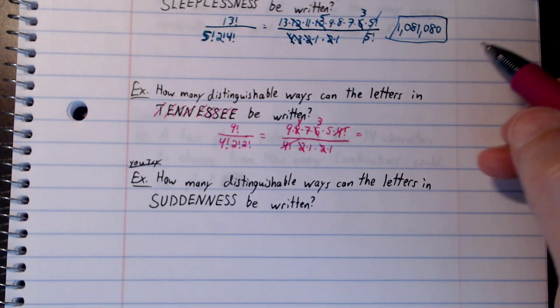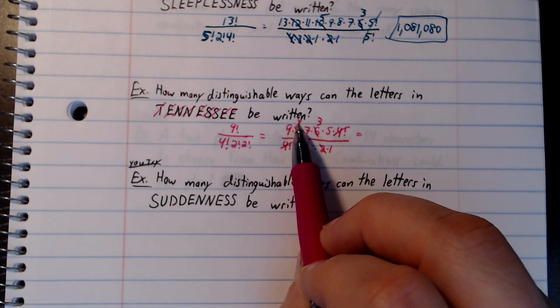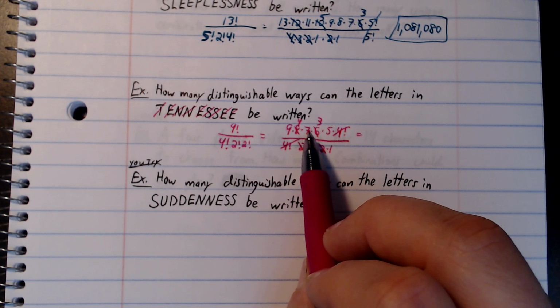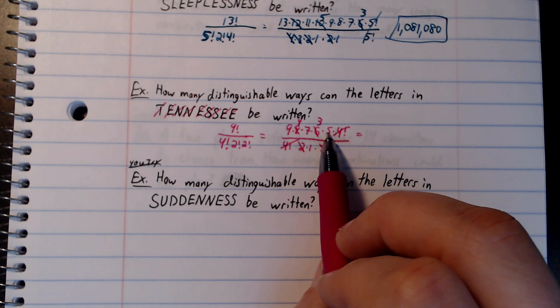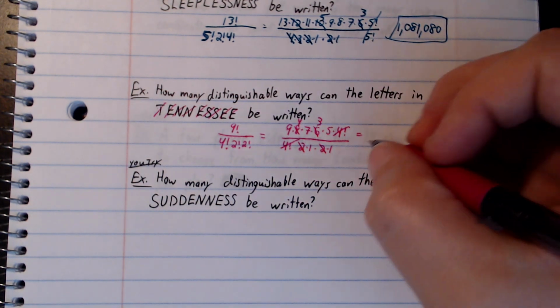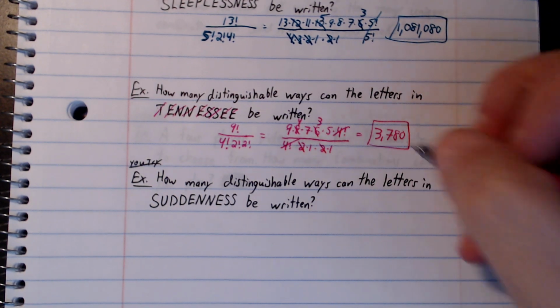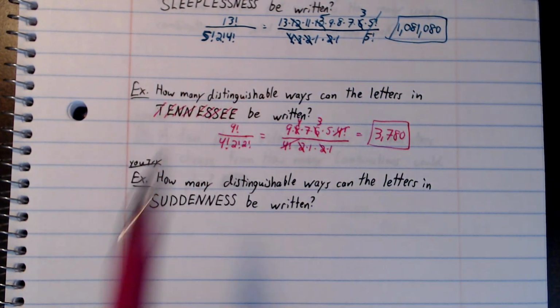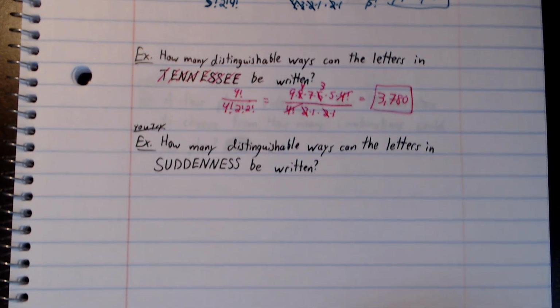So here's what we got left to multiply. We've got 9 times 4 times 7 times 3 times 5. 3,780 distinguishable ways we can rearrange the letters in Tennessee and get different words or new words, unique words.